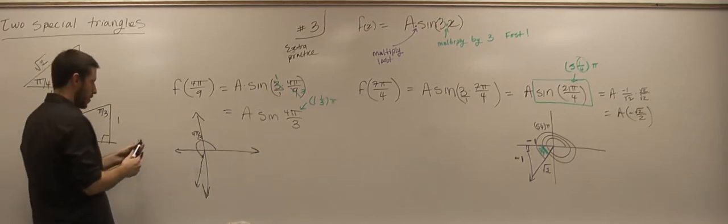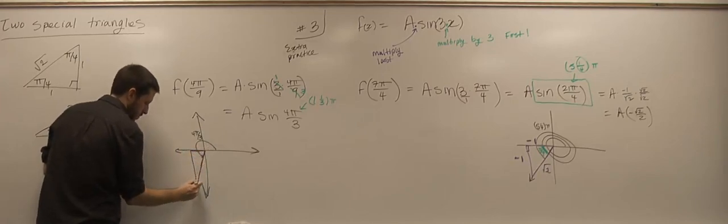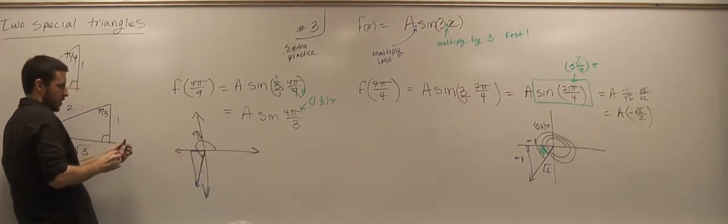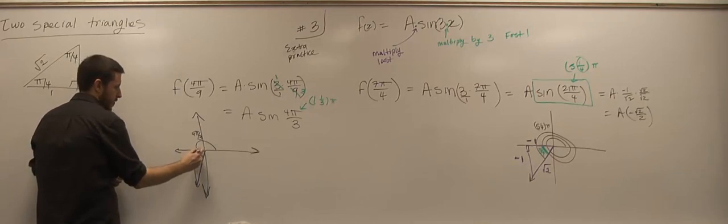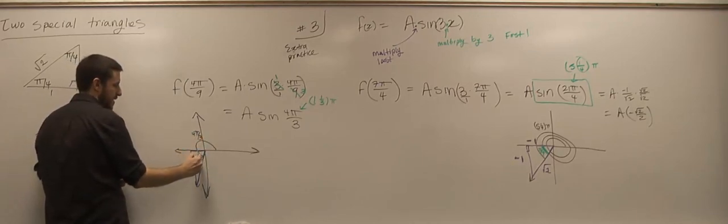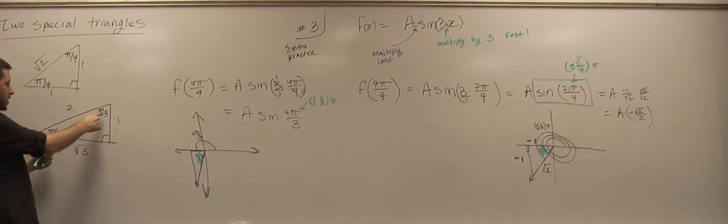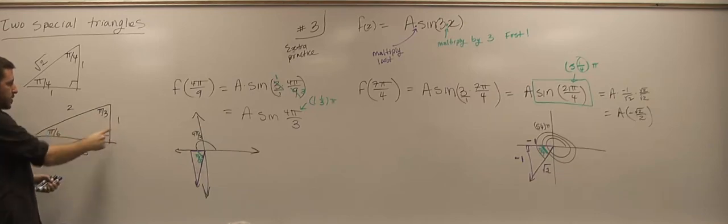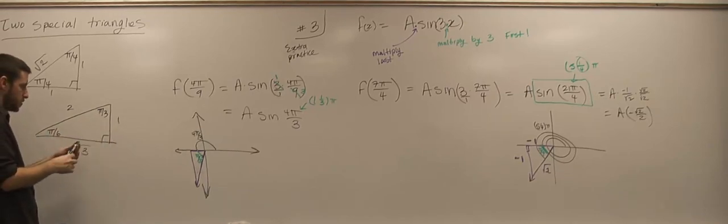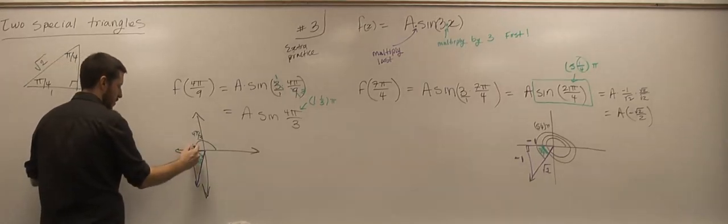So then my triangle will be right here. What's this extra angle left over? Pi over 3, right? I went 4 pi over 3 altogether, but I only went 1 pi over 3 past the x-axis. So then I know I'm in this situation, and I can label my side lengths. Across from the pi over 3 is the root 3. Across from the pi over 6 is the 1.